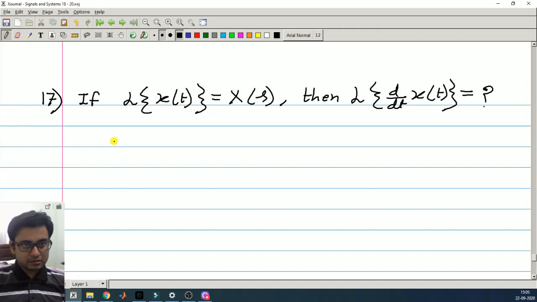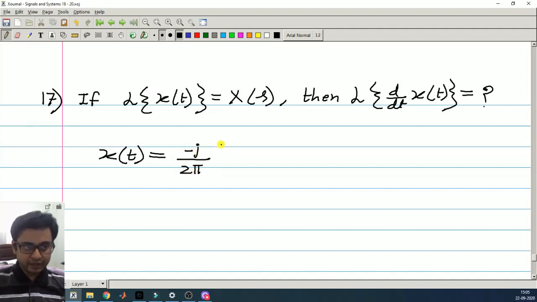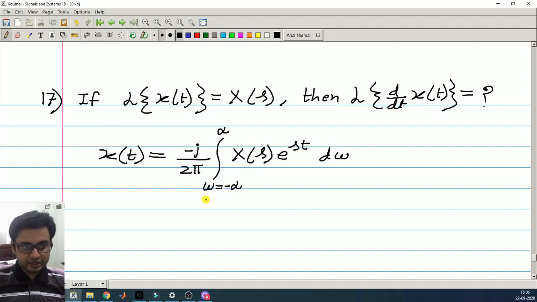So for that, let me write the formula for inverse Laplace transform, which is minus j divided by 2 pi integration of capital X(s) e to the power s t ds or d omega integrated from omega equal to minus infinity to plus infinity, and the value of sigma should be greater than some sigma minimum, that is it should belong to the region of convergence of capital X(s).